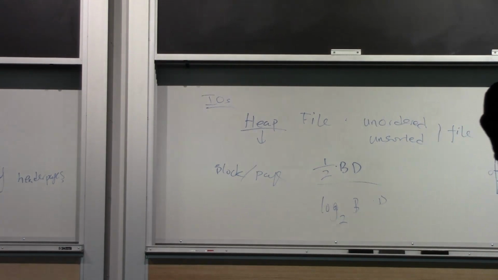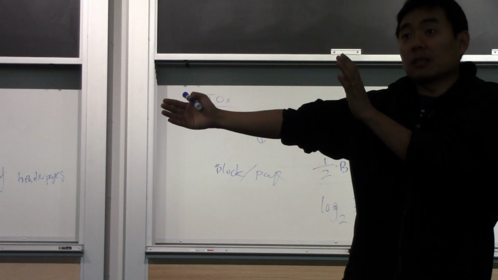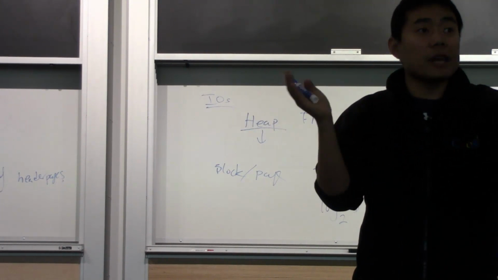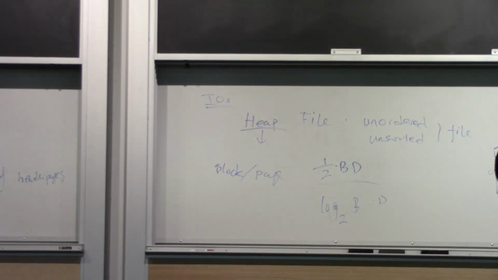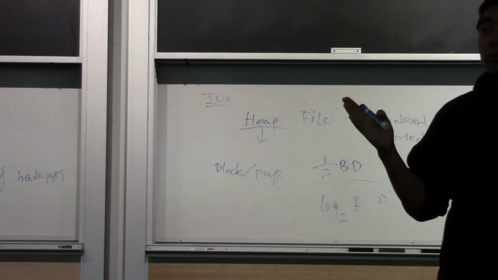If Feifei is less than the first record on the page, you only need to look at pages on the left-hand side. Otherwise, you only need to look at pages on the right-hand side. But in either case, you reduce the range of your possible search to half, which is only B over 2 pages you need to look at.